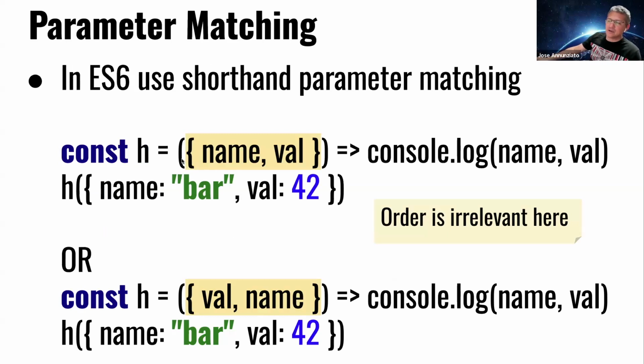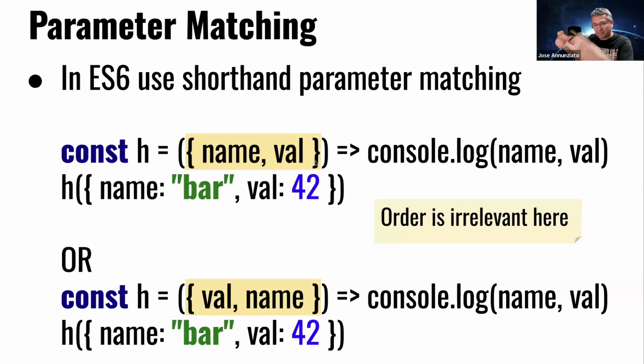You can also use the destructuring syntax in the parameter list of the function. This is expecting an object that has property names, name and value. And indeed, I am calling it with an object with name and value. What the curly bracket does is that it destructures the object that you are passing.